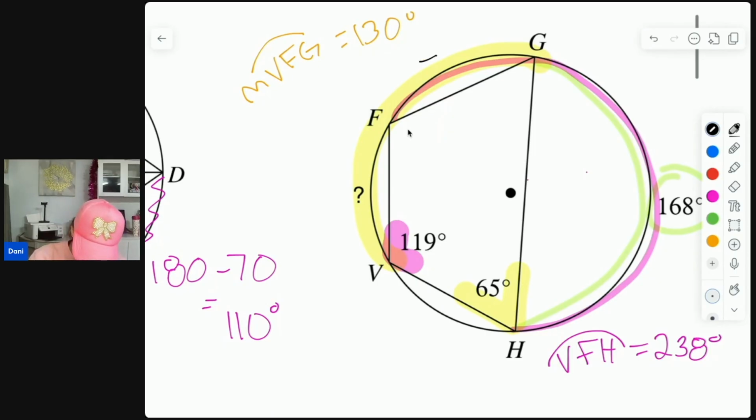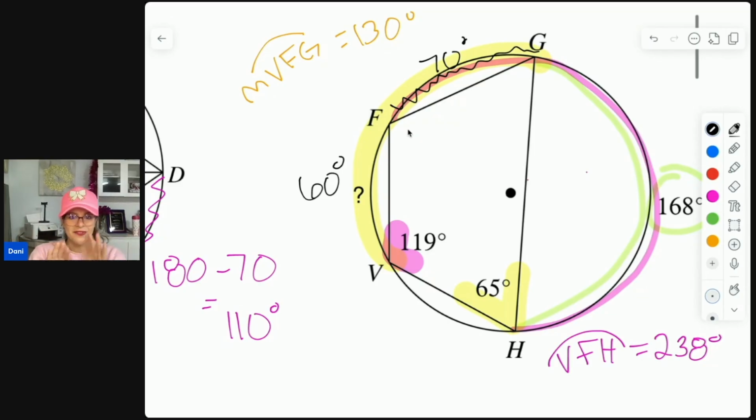And that's going to give us 70 degrees for that cute little arc right there, arc FG. And since arc VFG was 130, now we know 70 of it. Now we're just going to subtract 130 and 70. Oops, dropping my calculator. To get 60 degrees for our missing arc.